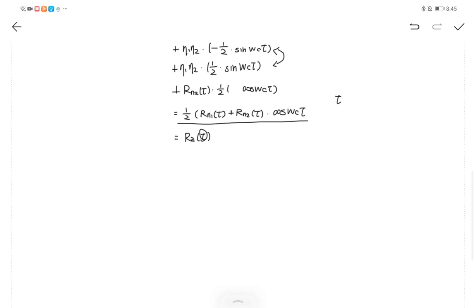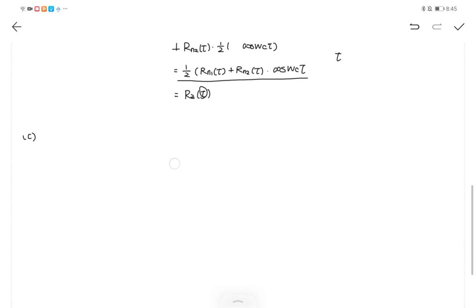As for question C, we want to calculate it when tau equals 0. We can use this formula, R_N1(0) plus R_N2(0), and cosine(omega_c tau), with tau equal to 0, so it equals 1.